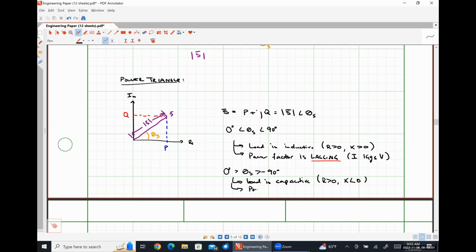And we would say that our power factor is leading, where I leads V, again exactly what we would expect for a capacitive load. I've probably mentioned power factor at this point close to 20 times, so let's go ahead and explain what it is. Okay.